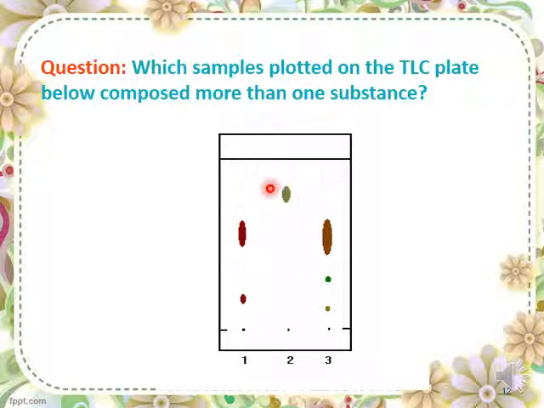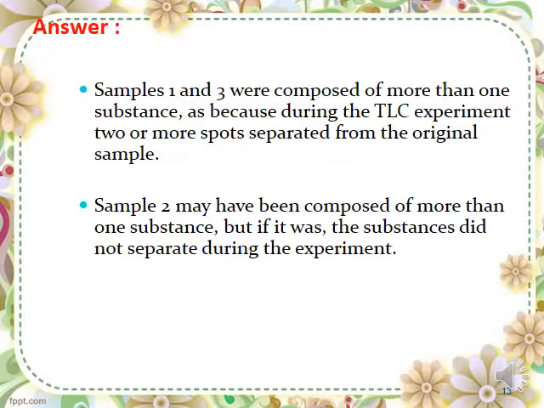But if you answer 2, it is also correct, meaning the solvent used for sample 2 is probably not a suitable solvent system. Remember the three parameters just now, especially the solvent system. So probably for sample 2 the solvent is not suitable, so you have to change the solvent because it's not separated. You see, it moved almost to the solvent front already.